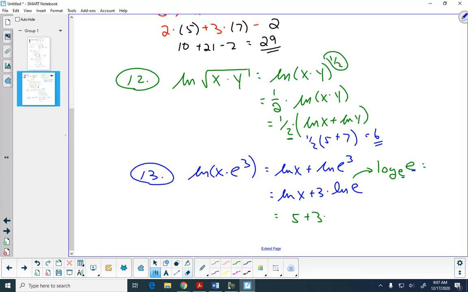It's a value of 1. Log base b of b is equal to a value of 1. So when you have log base 10 of 10, you get 1, or the ln of e will equal a value of 1. So we're left with 5 plus 3, which is a value of 8.